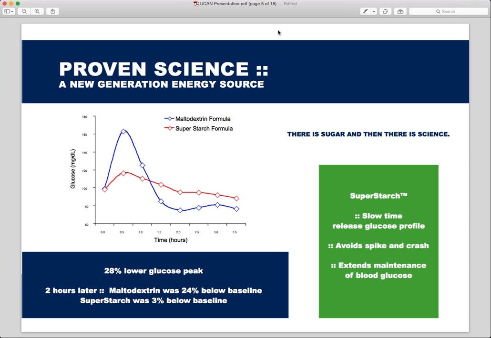So if you walk into your sports nutrition store, your running store, your triathlon store, you go to the nutrition wall, which I affectionately call the candy wall in a lot of cases, and you flip around the ingredient labels, you're going to see this carbohydrate maltodextrin as the first ingredient in the majority of your energy, your fuel products. We're talking the Clif products, Hammer products, Gu products, Power Bar products.